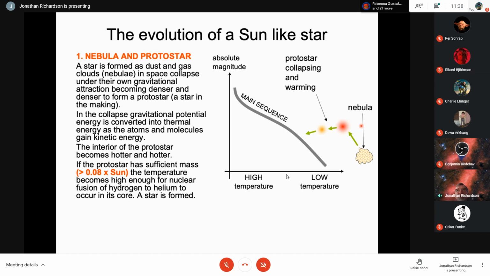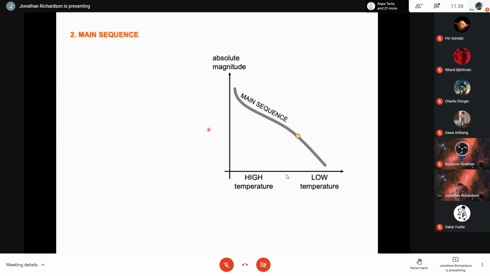So the non-star never went into burning, but sort of fizzled out in this area and disappeared. We don't see many of those because it is theoretically possible, but if there was enough gas that started, we do get the formation of a star. So we've now got the star on the main sequence.